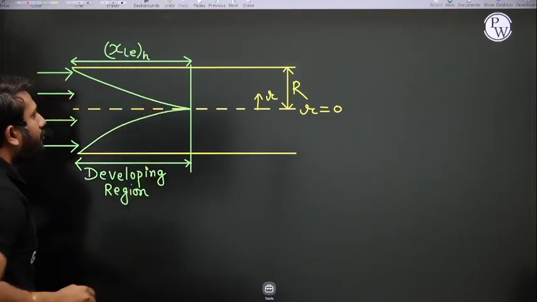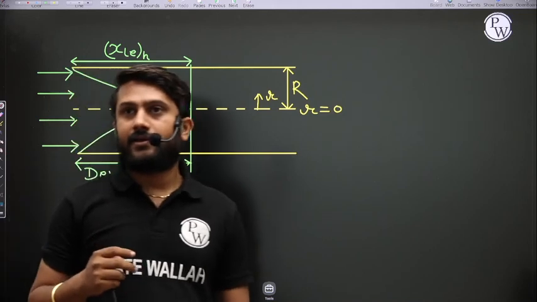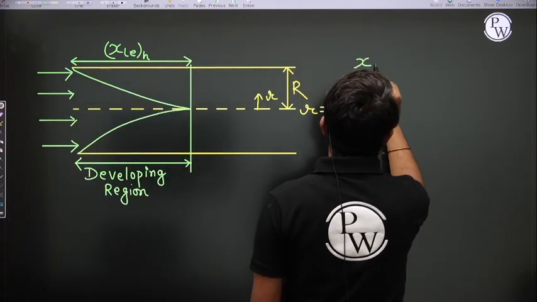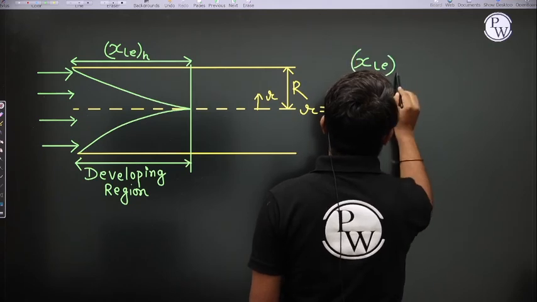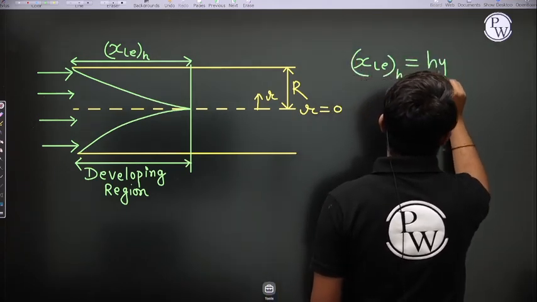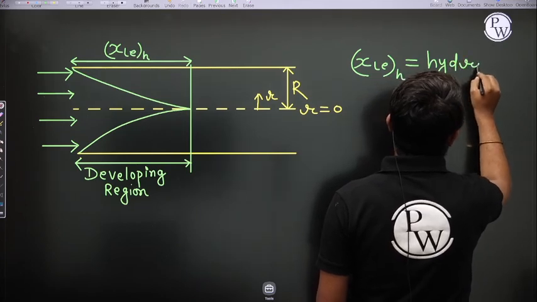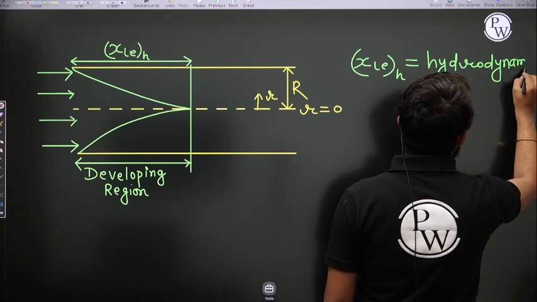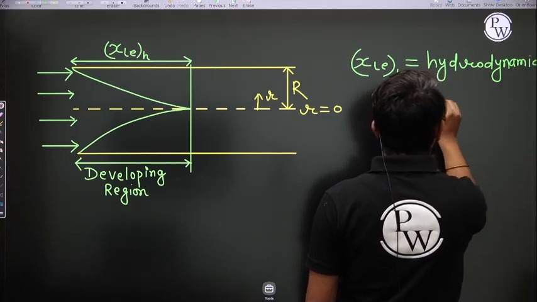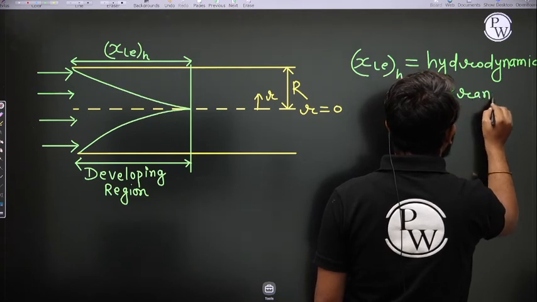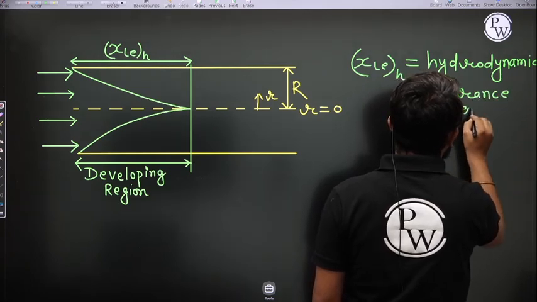You can say hydrodynamic entrance length, right? That X_LEH is the hydrodynamic entrance length.